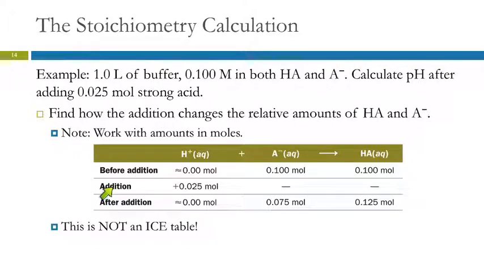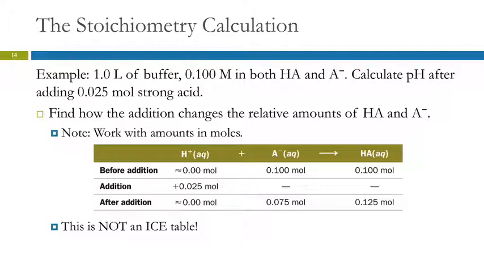So then the problem tells us we're adding this much strong acid. 0.025 moles of strong acid is being added. So we're going to assume that this is going to react completely, so that this 0.025 is going to react with the A minus. So we're going to end up with 0.075 moles of A minus, and that's going to form more of the HA. Does that make sense? It's not an ice table, but in many ways it is like an ice table. It's just not an equilibrium thing.